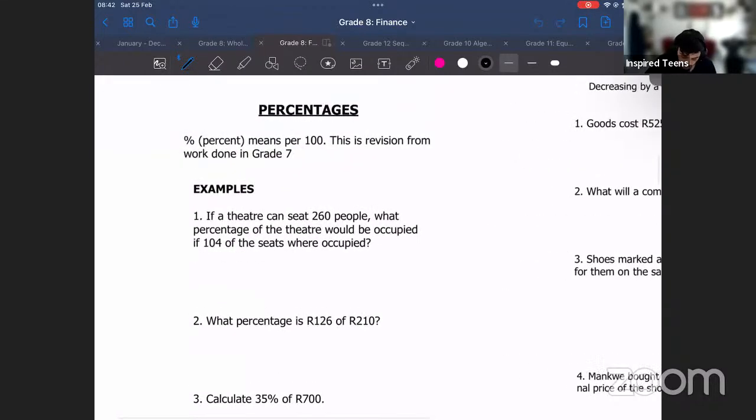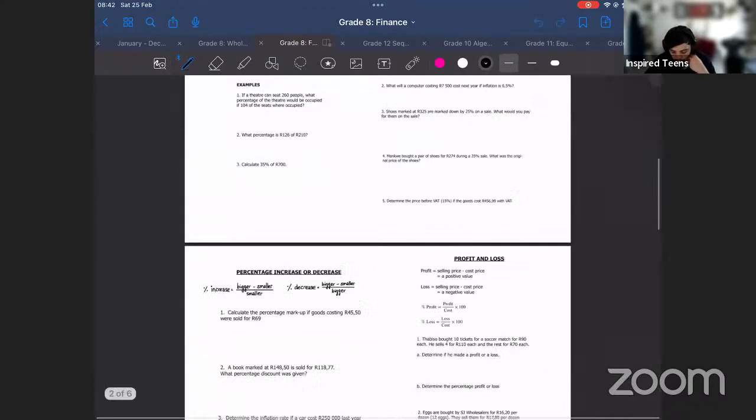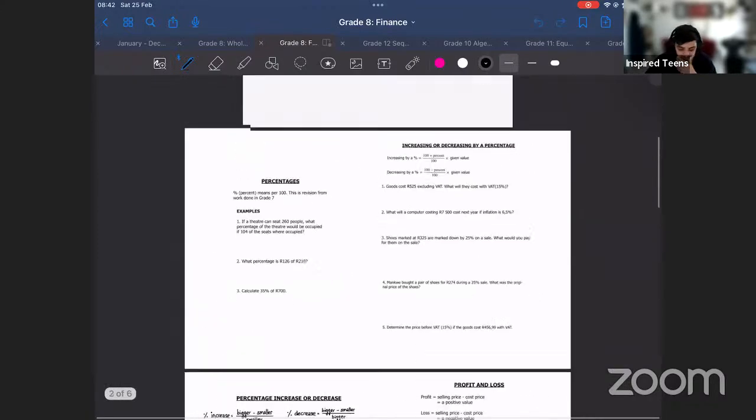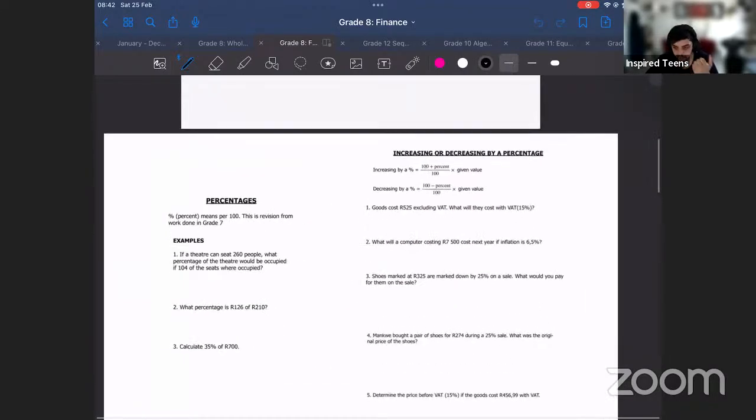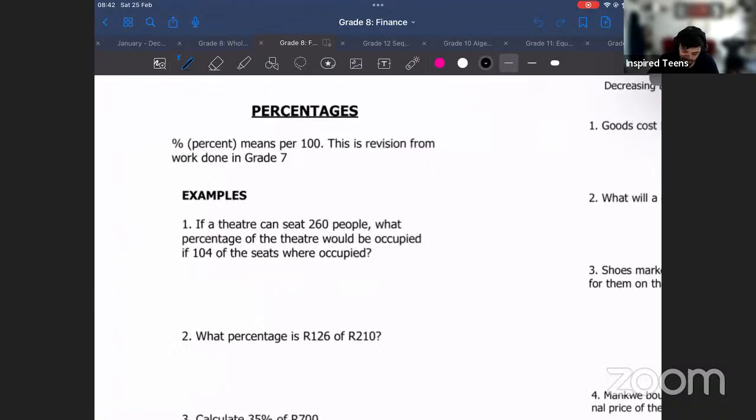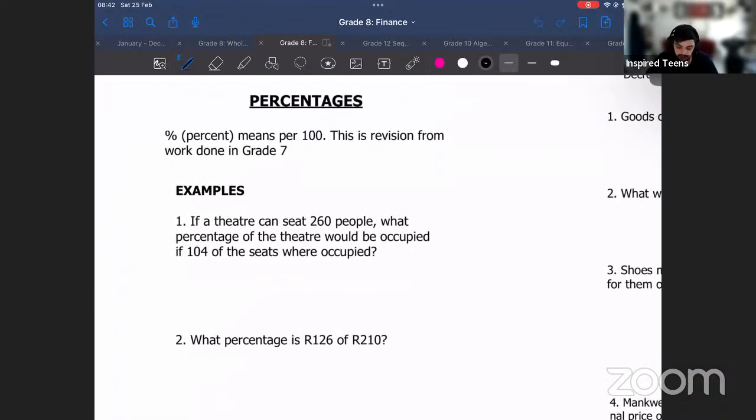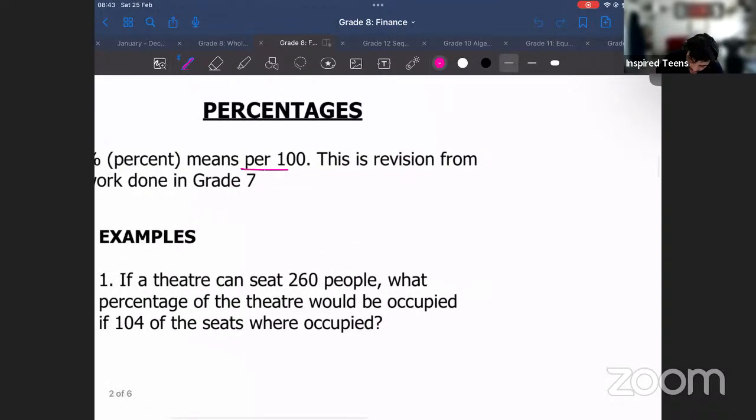Okay, percentages, right? Let's look at this. Before we do finance, we're just going to revise some percentage concepts. We're not going to go through all examples because the formulas are here. Percentage means per 100. This is revision from work done in grade 7, of course. Per 100, remember, means divided by 100.